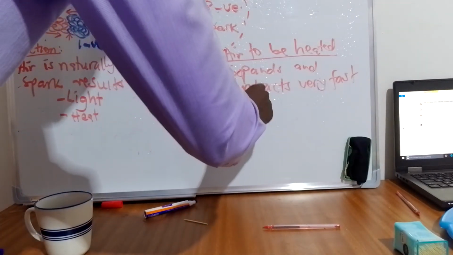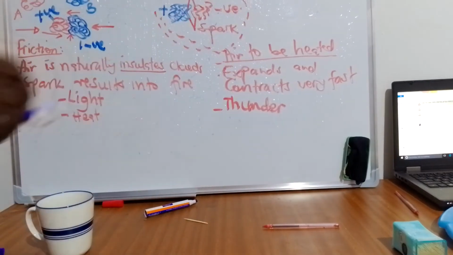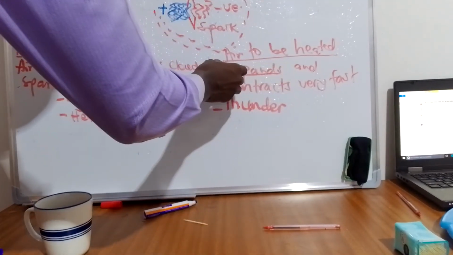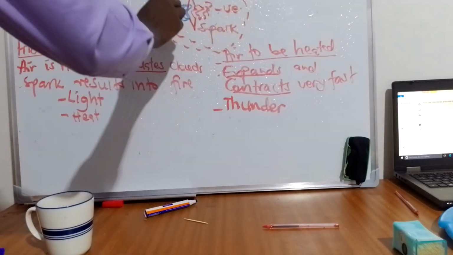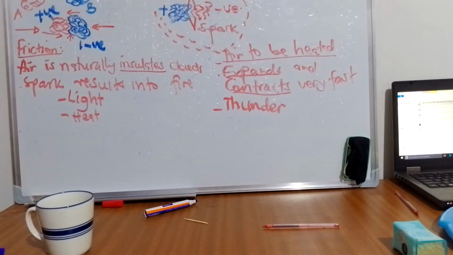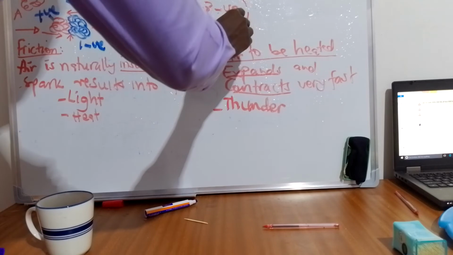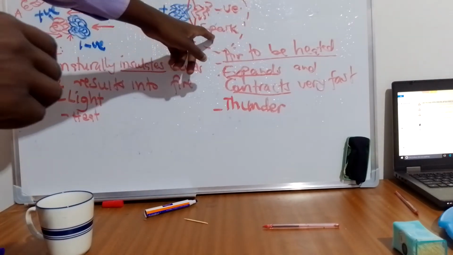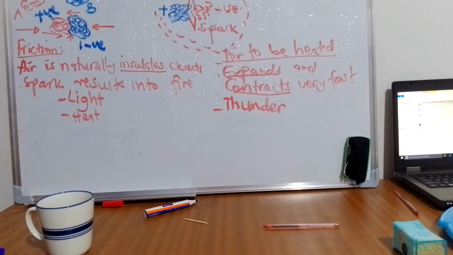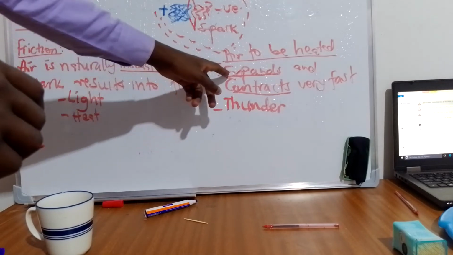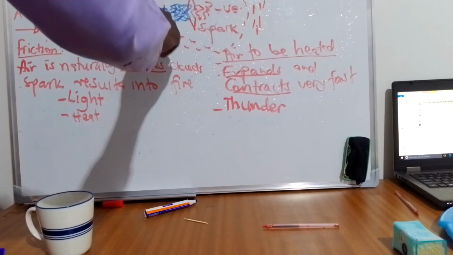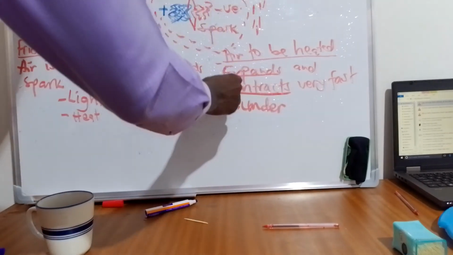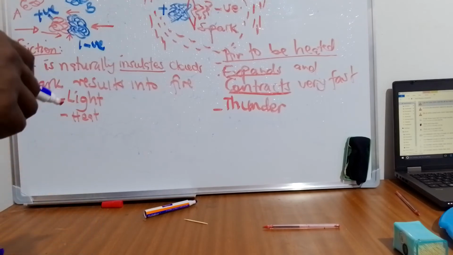That sound we hear is nothing other than expansion and contraction of air at the area where the two charged clouds have met each other, producing a spark. It's because of this spark that we shall see light and heat will be released. It is this heat that causes expansion, and because it's always raining, this rain makes air contract very fast, producing that sound.